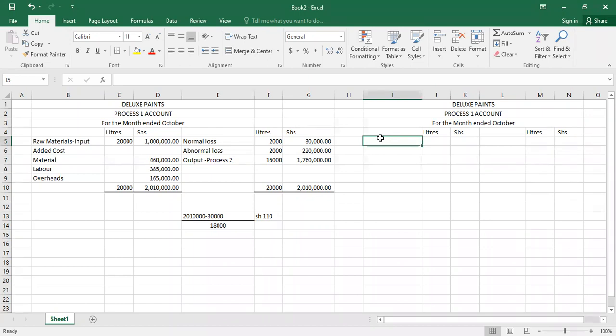So we'll talk of the input from process 1. And our input is 16,000 liters at a cost of 1,760,000.